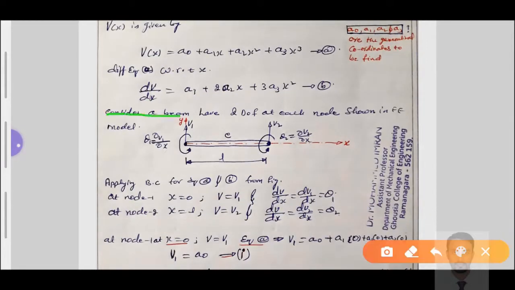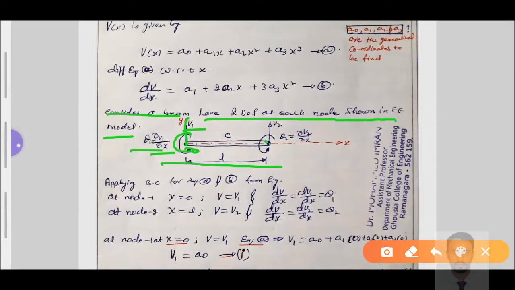Consider a beam having 2 degrees of freedom at each node in the FEA model. So we have considered an FE model of a beam element with 2 nodes, node number 1 and node number 2. Each node has 2 degrees of freedom. One is v1 in the y direction, and a moment about node number 1, which is ∂v/∂x equal to theta 1, the slope.